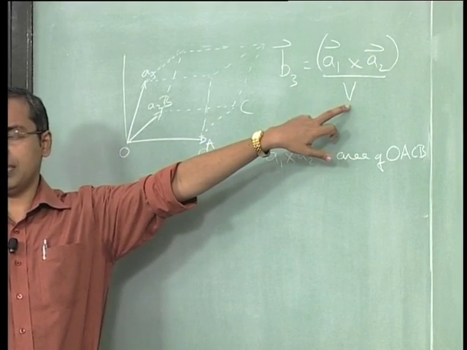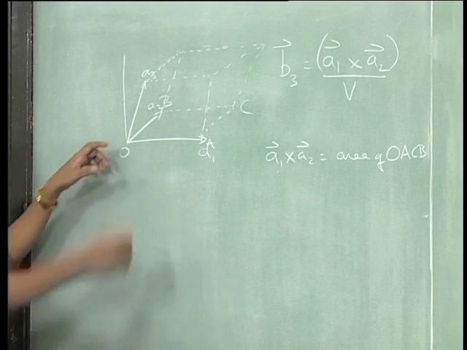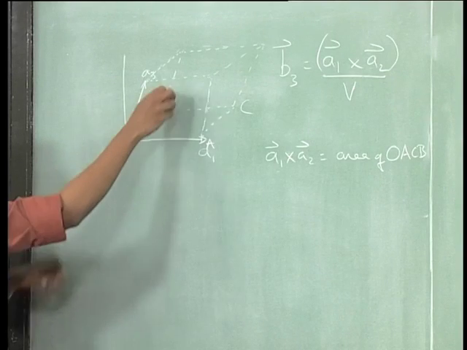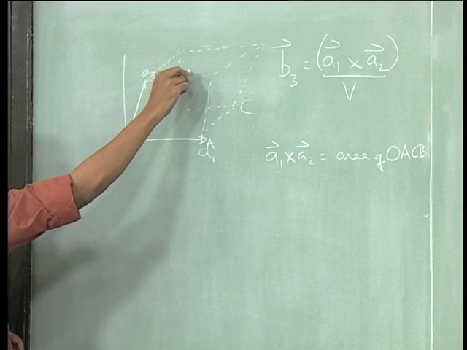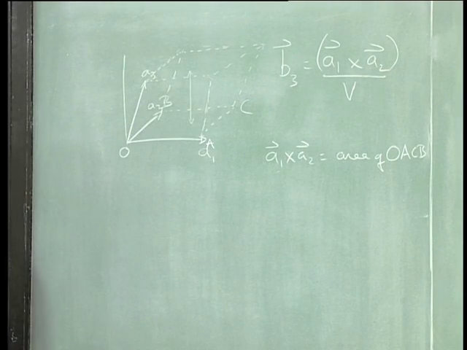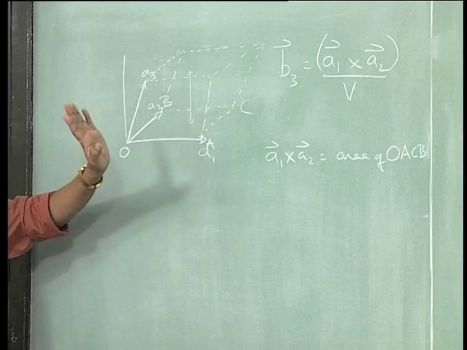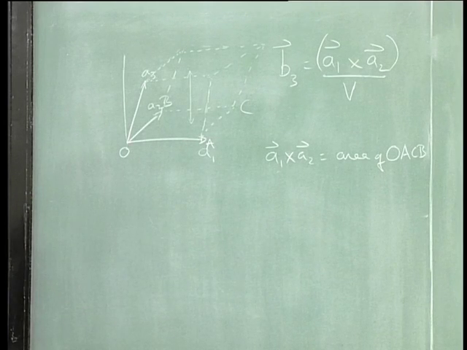In geometrical terms, it is simply the area of the base times the height of this unit cell. The volume is the area of the base times the height of that structure.